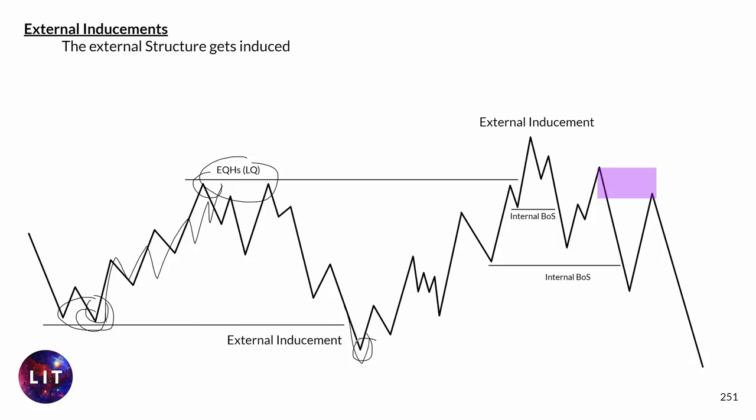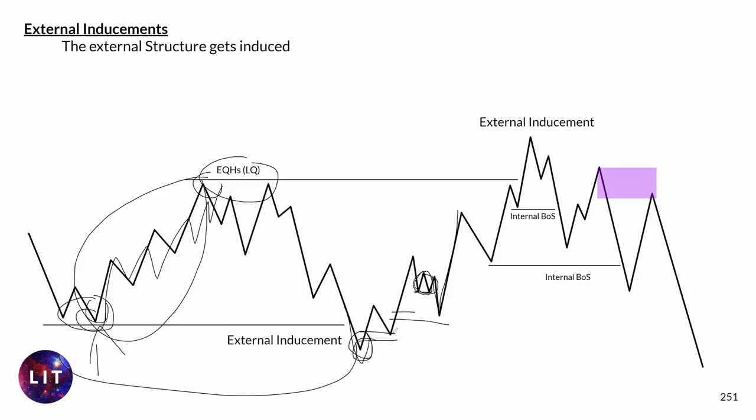It induces this push and also becomes immediately a medium inducement, as it induces the higher push or the higher structure just in order to grab liquidity, and becomes the point of interest in here. It makes the same thing inside here, right? Of course, that's an internal inducement now. Why? Because it creates internal liquidity, inducing it before it can go lower, and mitigates this type of order flow in here.